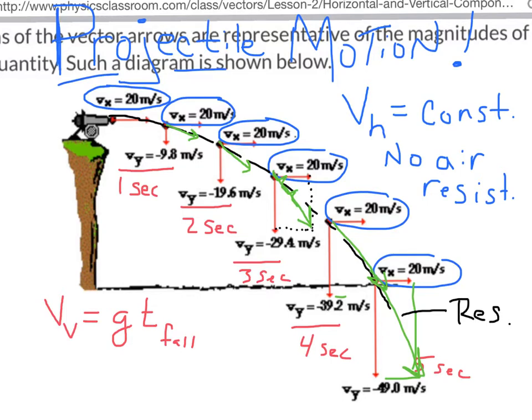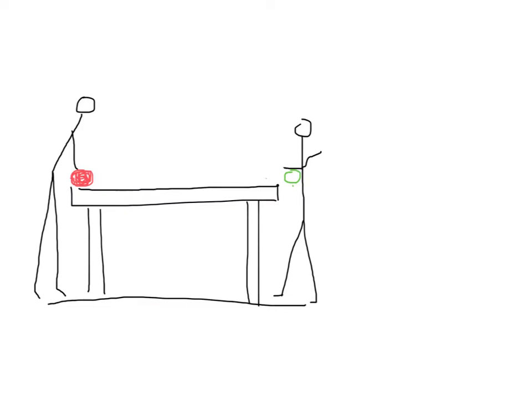Let's look at something a little bit different. Let's imagine that you're sitting here, this is you, and you've got this red ball on the table. And so what you decide to do is push it along the table. You can do this just with a friend of yours if you'd like. So you push it along the table, you give it this horizontal velocity.